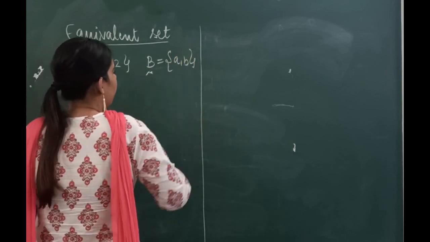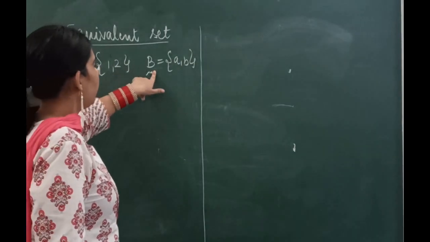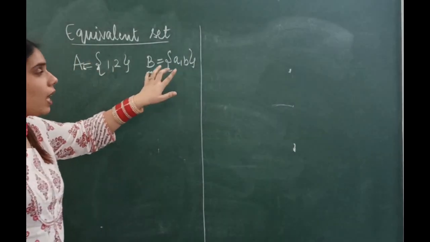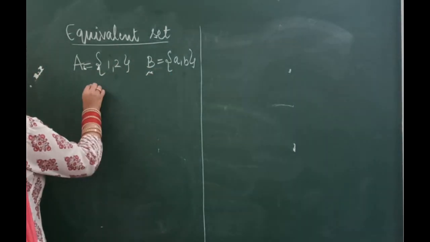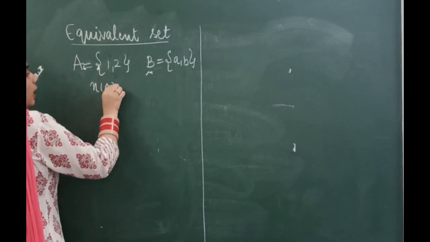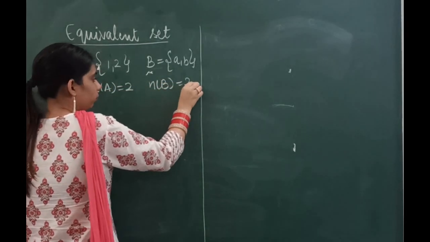For example, let us see two sets. A contains elements 1 and 2, B contains elements a and b. The elements are not the same, but the number of elements in both sets are the same.